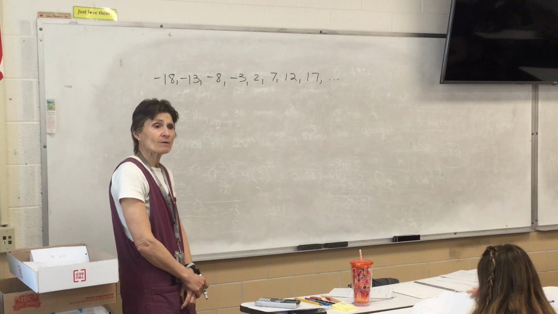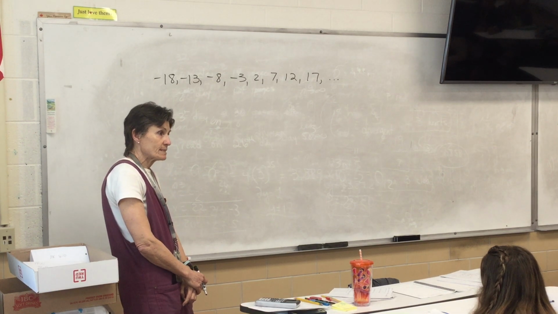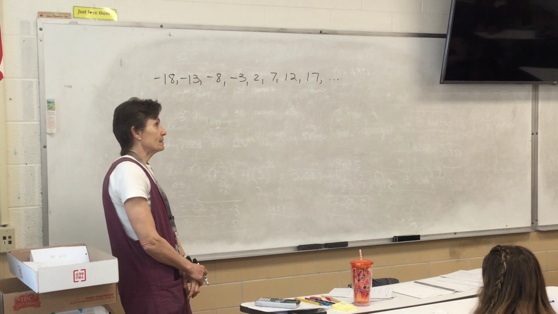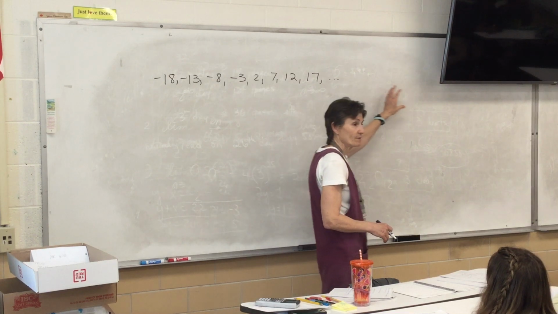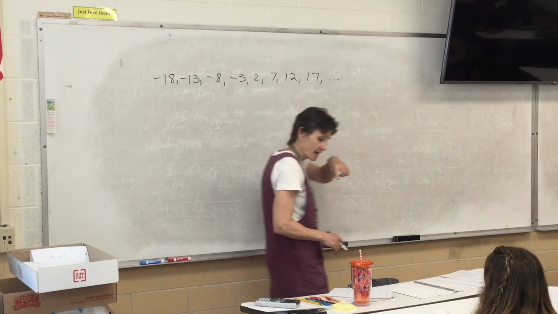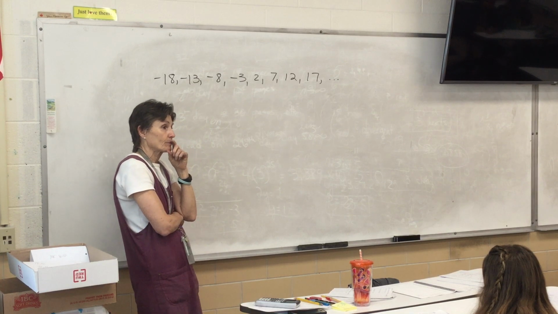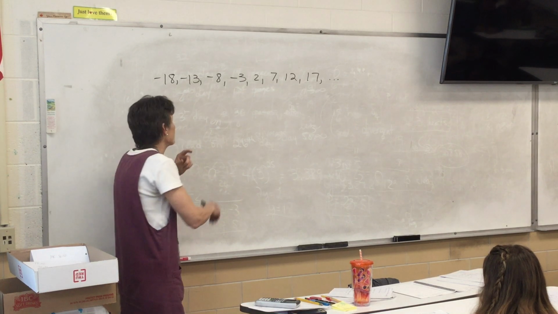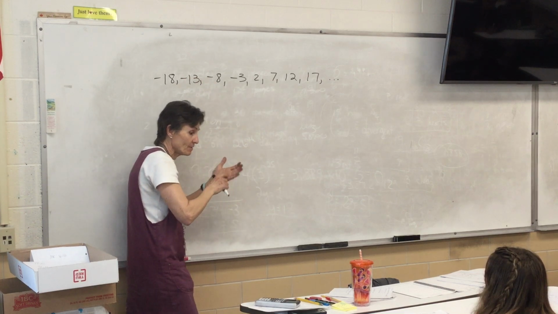So it's an arithmetic sequence, right? The difference is, before we were just looking for another number in the list. This time they want me to add them up. So they want me to put plus signs in between and add them up.